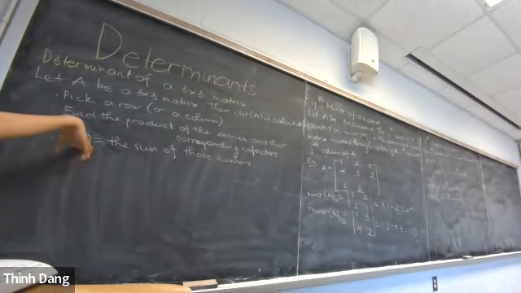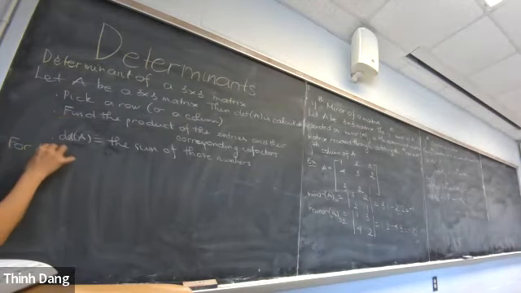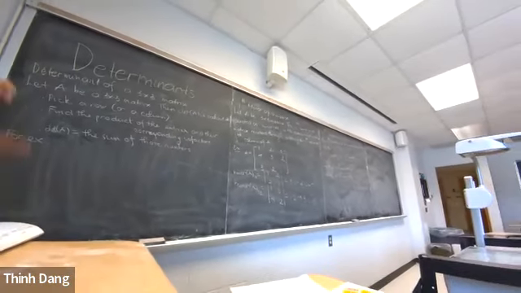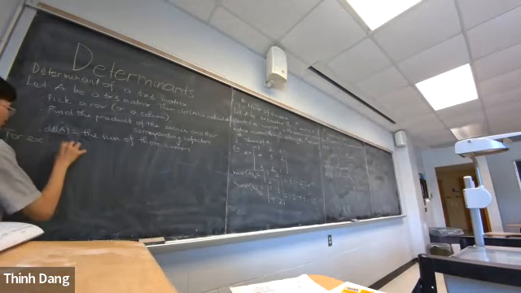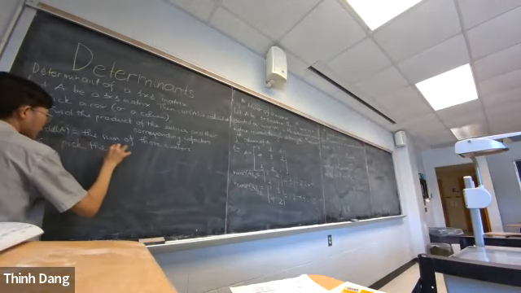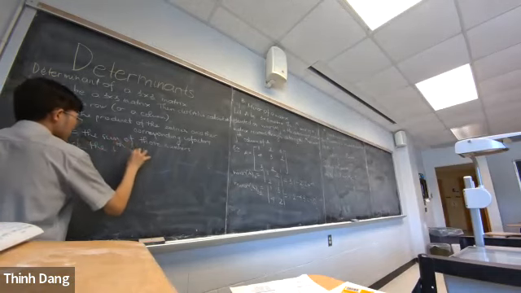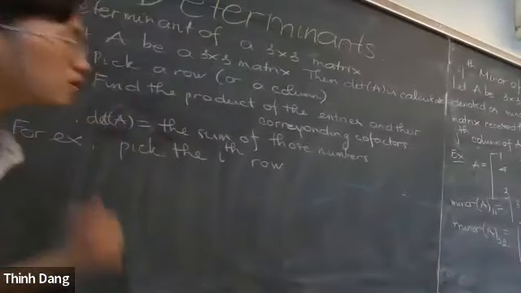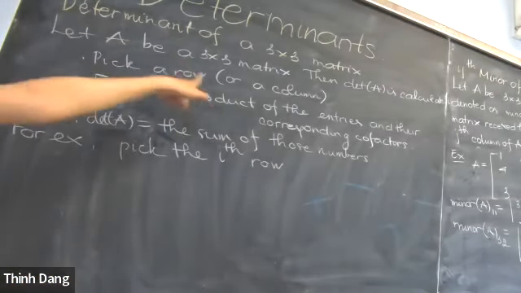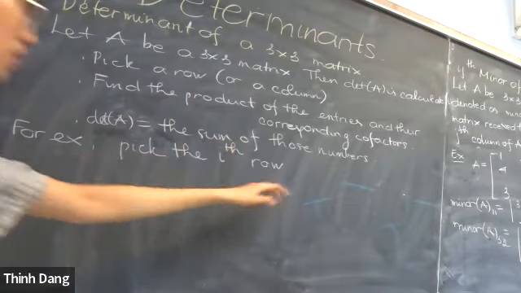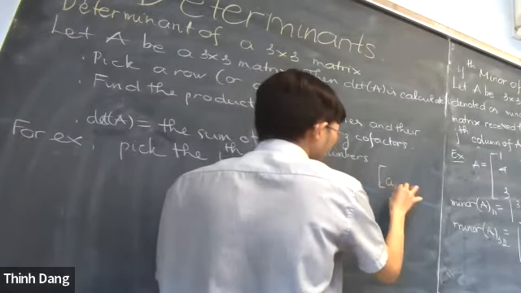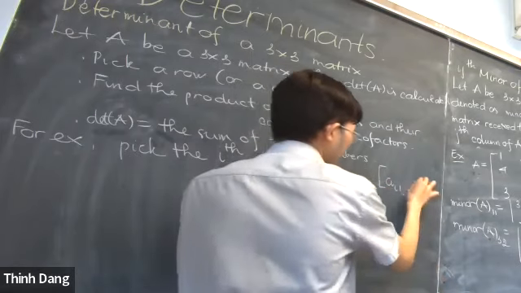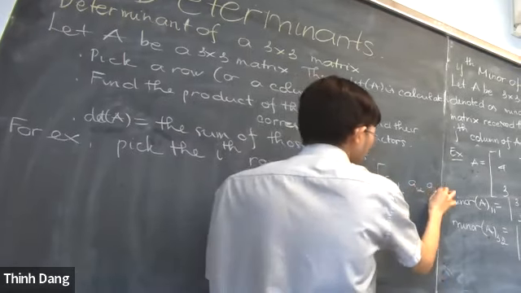For example, if I am choosing the i row, pick the i row. Because we are in a 3x3 matrix, in the i row we will have entries Ai1, Ai2, and Ai3.